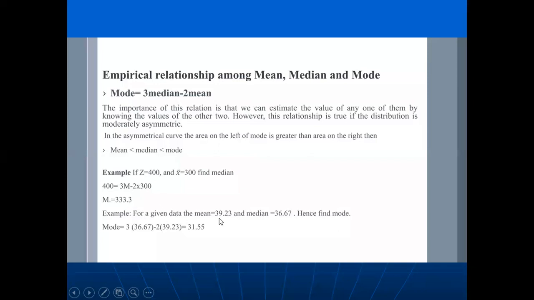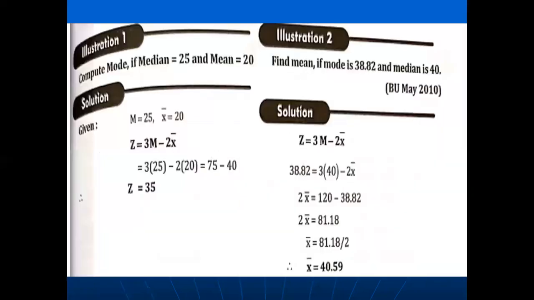Similarly, for the given data, mean is equal to 39.23, median is 36.67. Find the mode. So just exact substitution. So 3 into 36.67 minus 2 into 39.23. That comes to 31.55. That is how we find out the mode here.